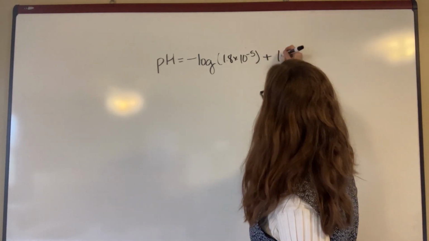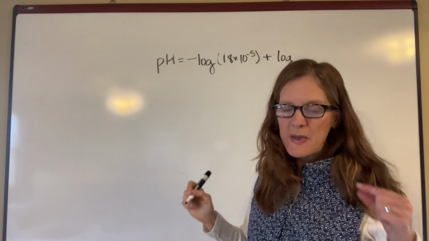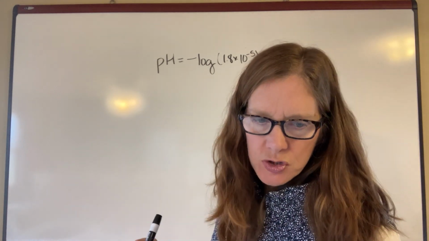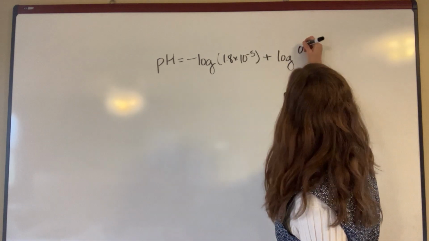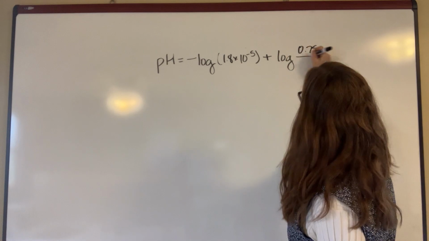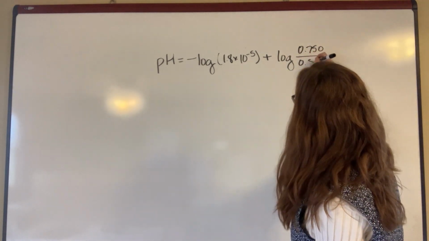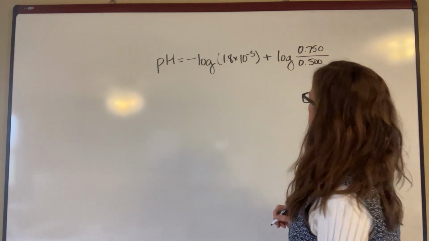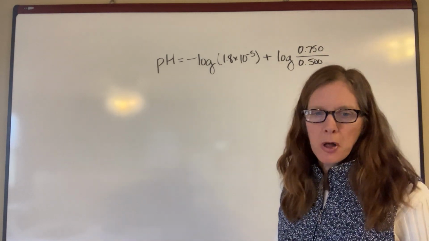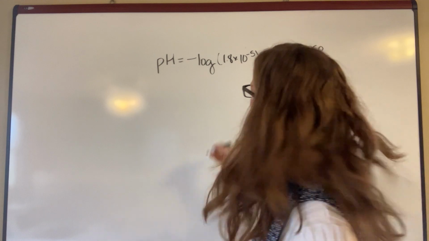And then I need the log of the concentration of the base. And he tells me that the concentration of the base is 0.750, and that the concentration of the acid is 0.500. Okay, so pretty simple plug and chug equation there.